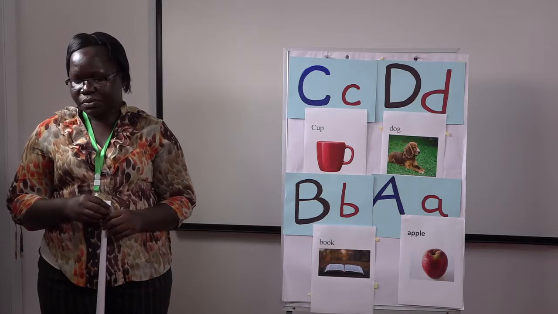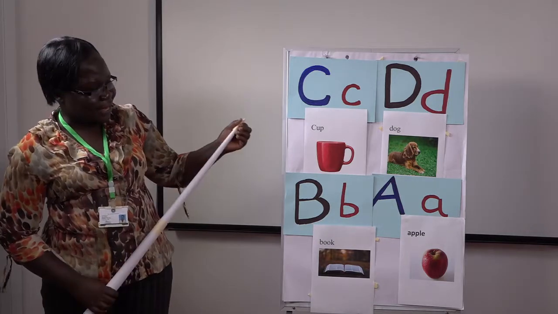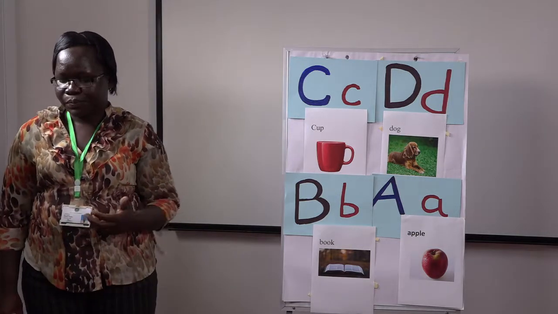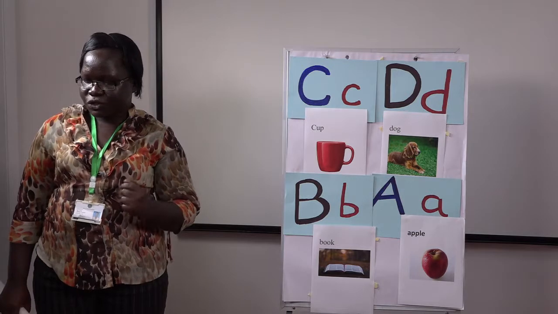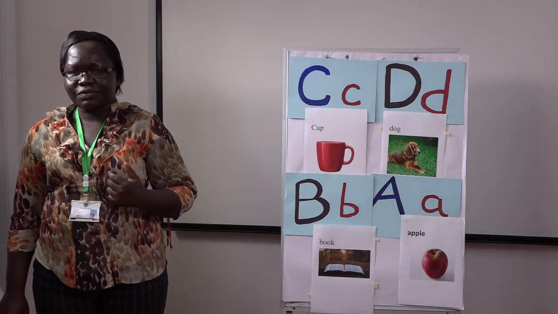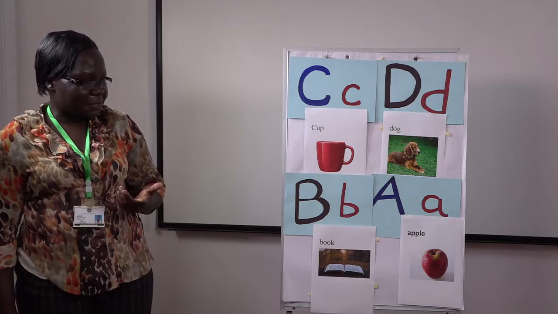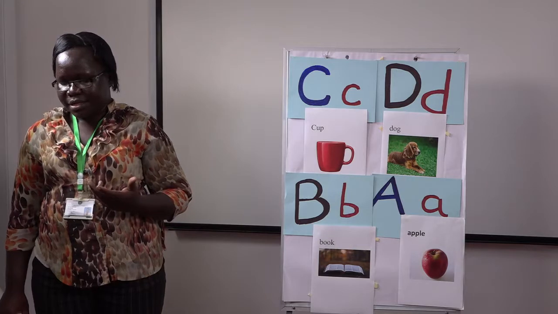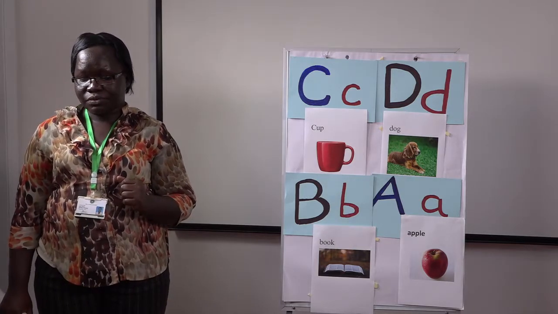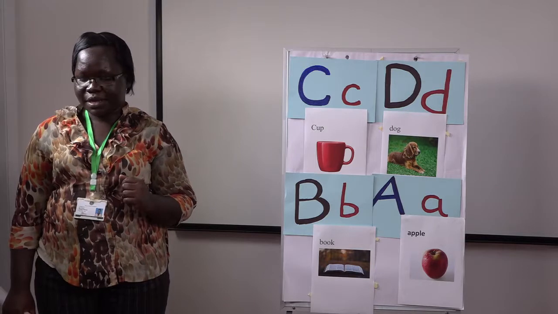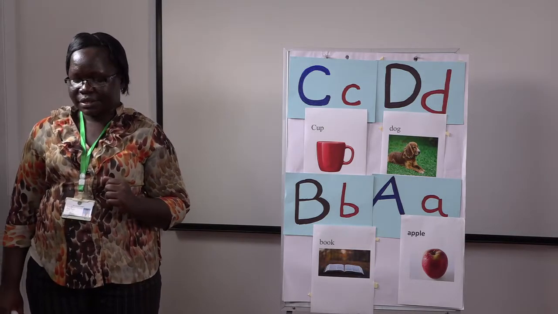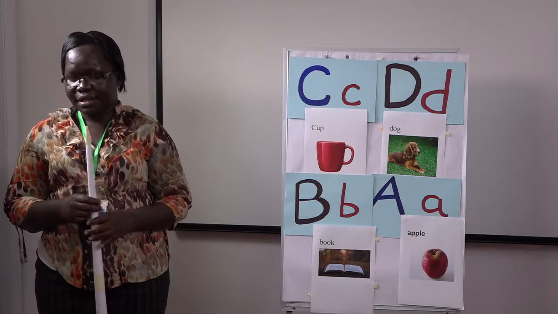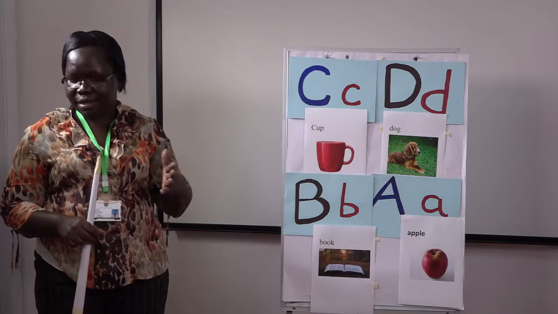For example, if you show letter A to the child and the child shouts apple, and if you show B and the child shouts banana or book, this might cause harm to the child in terms of developing reading skills, given that the child has a firm association in his mind that A is apple.